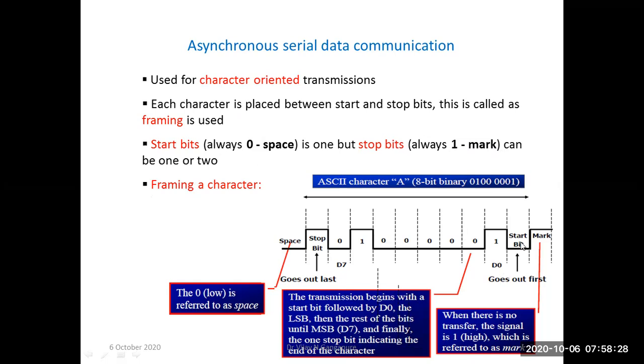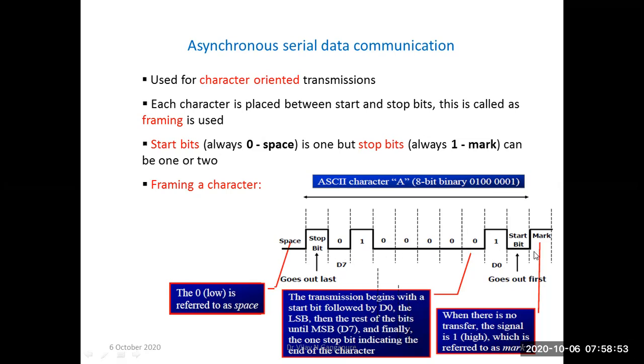See here, this diagram illustrates the framing of a character. For example, here D0 to D7, 1 2 3 4 5 6 7 8. So these are 8 bits of data, that is the character to be transmitted, that is 10000010, suppose the ASCII code of some character.